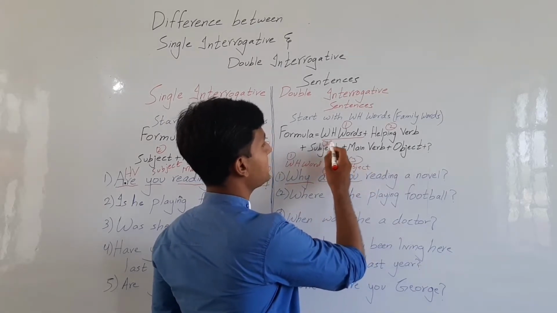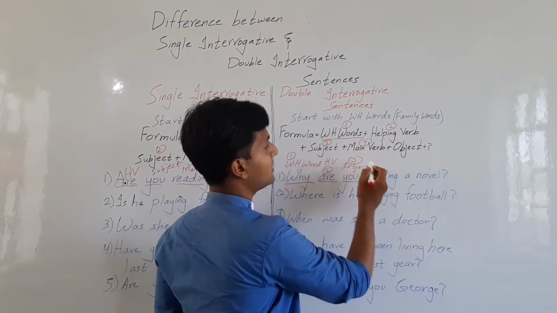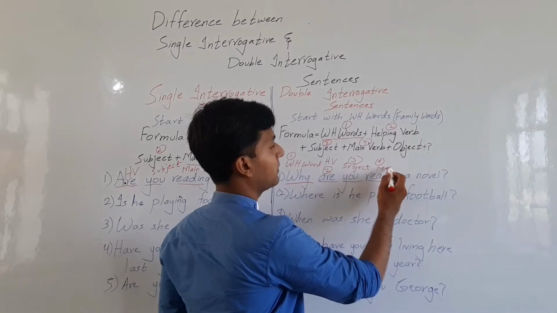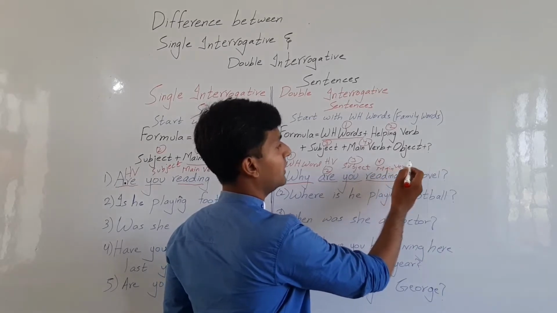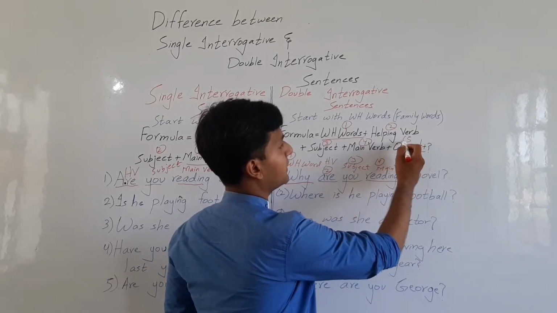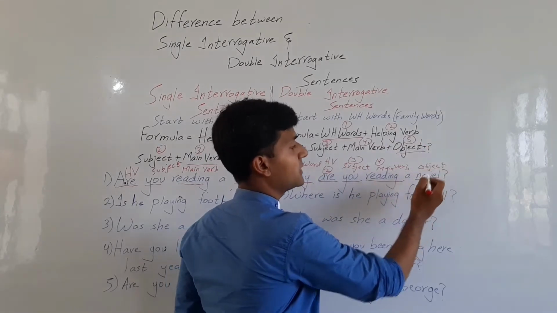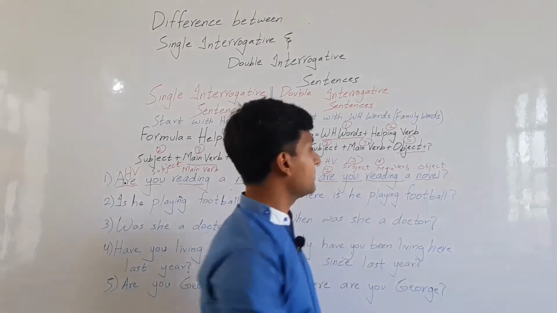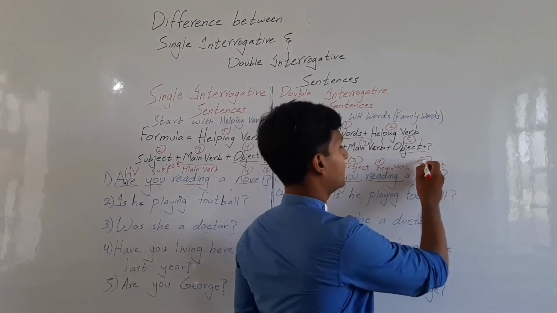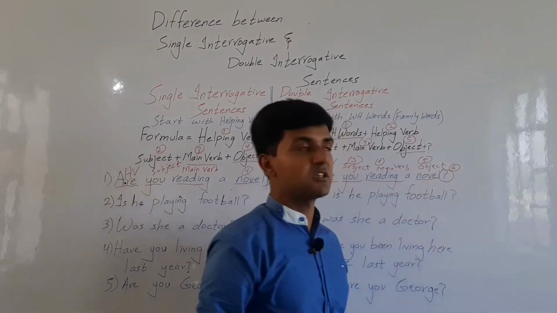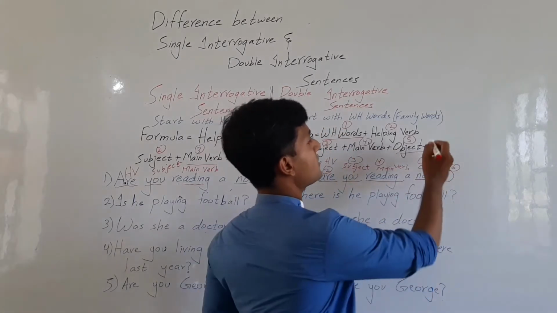At number 4 is the main verb, and at number 5 is the object. And at last this is the question mark.